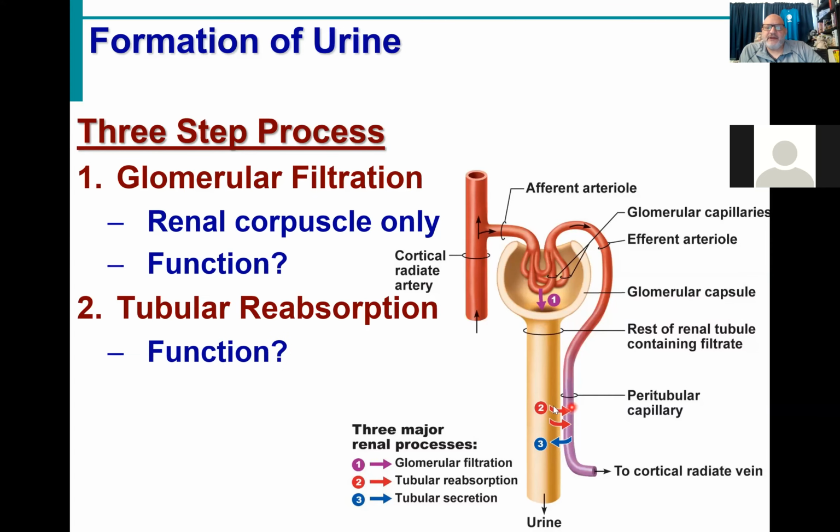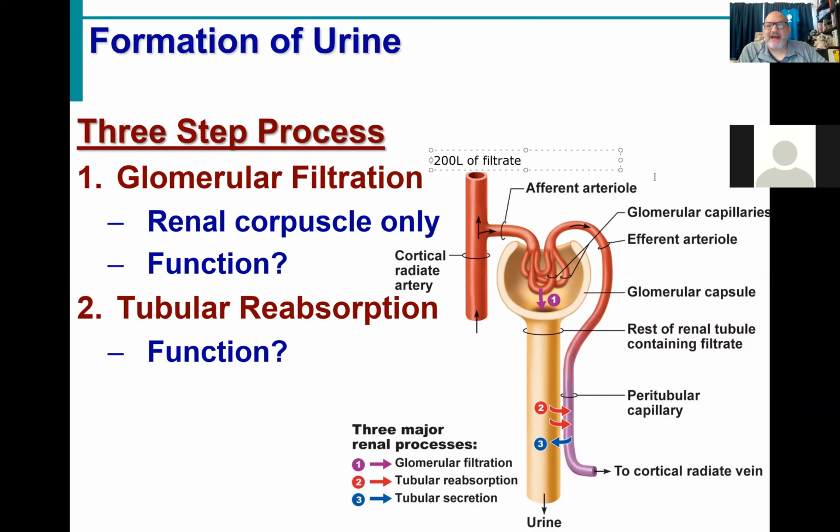Tubular reabsorption is the active and selective process of moving good stuff back into the blood, things we want to retain. Remember, as we talked about, we produce here in glomerular filtration 200 liters of filtrate in a 24-hour period of time.